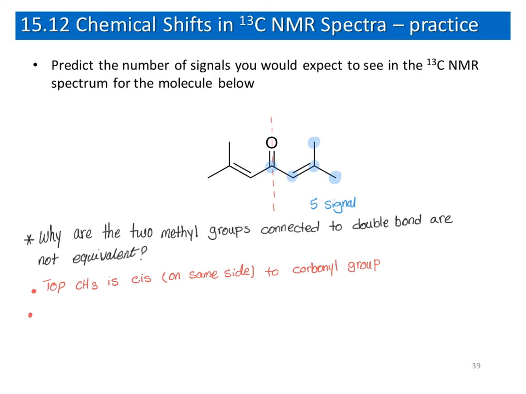And basically the bottom methyl is trans to the carbonyl group. So basically they don't have exactly the same chemical environment, they have different environments, so we are going to see 2 different signals for both of these methyl groups. And that is true when we have a double bond. With the single bond, these 2 methyls should be exactly the same because we have free rotation about the single bond. But with a double bond, we don't have free rotation, so they are different.